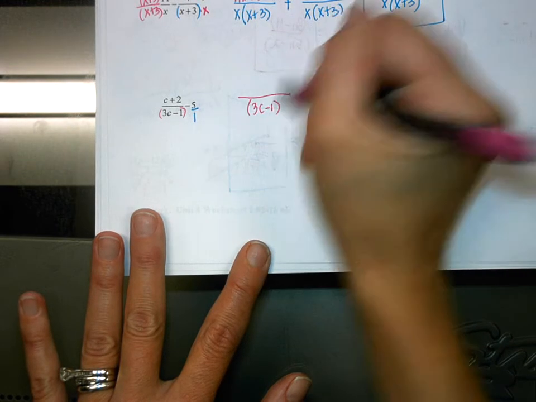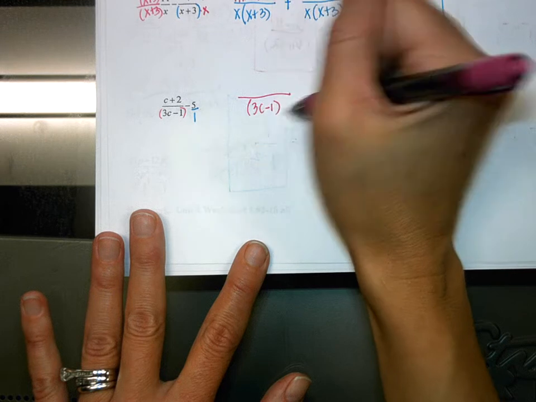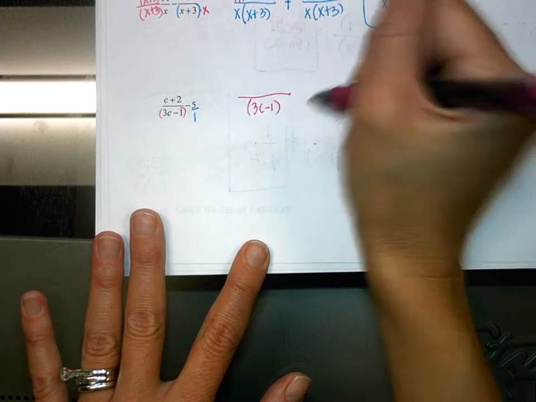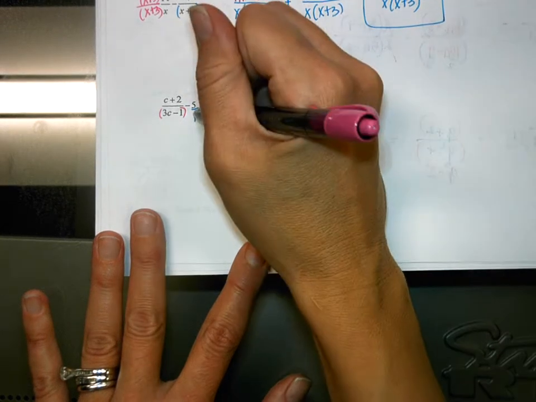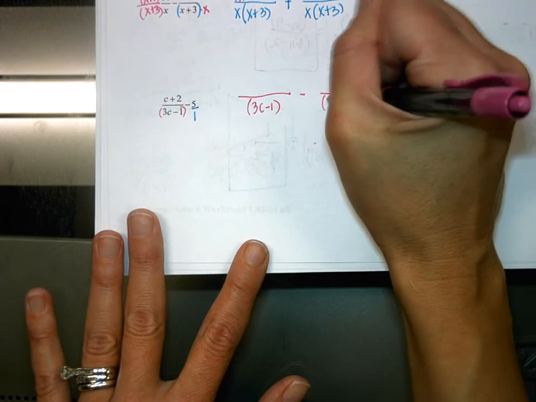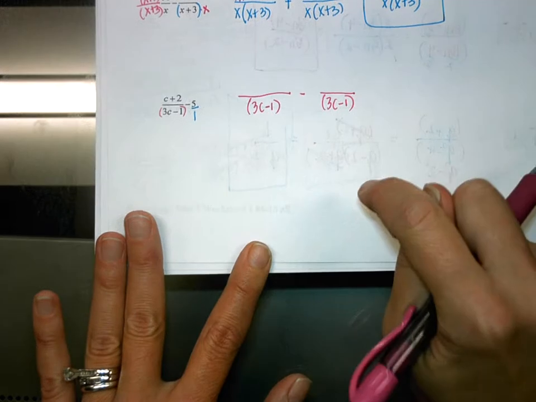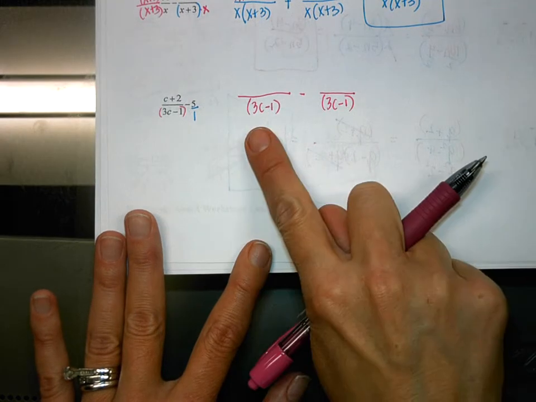You could put a 1 in front of here, but is 1 times 3c minus 1 still going to just make it 3c minus 1? Yeah. So because of that 1, you don't have to worry about it, but if you want to write it, you totally can. If this was a 2, though, you would need the 2. Okay? So 3c minus 1.